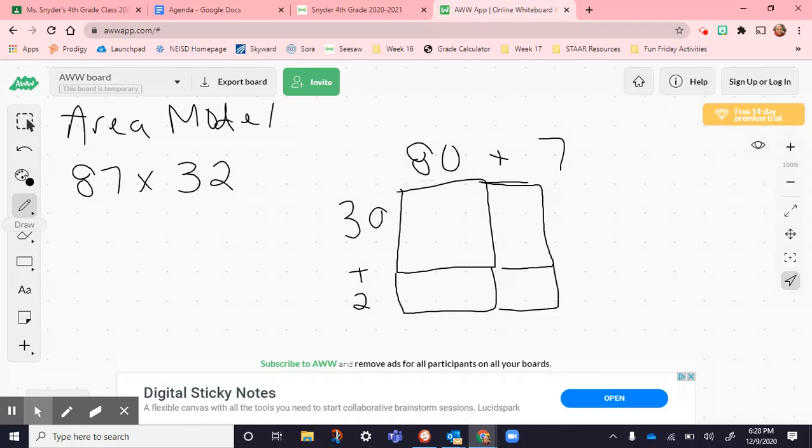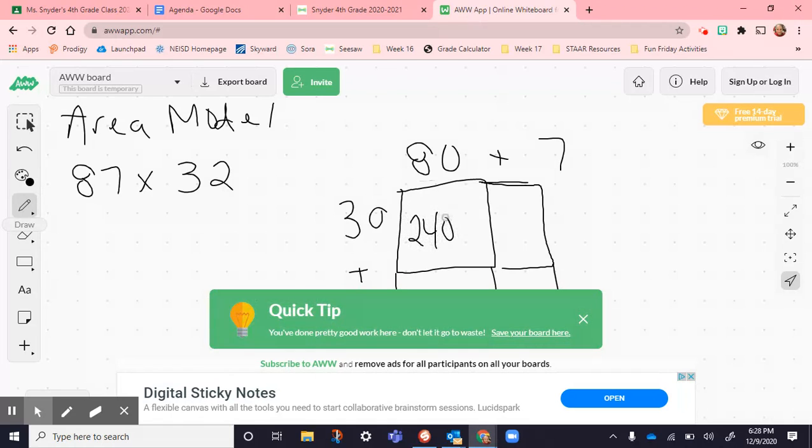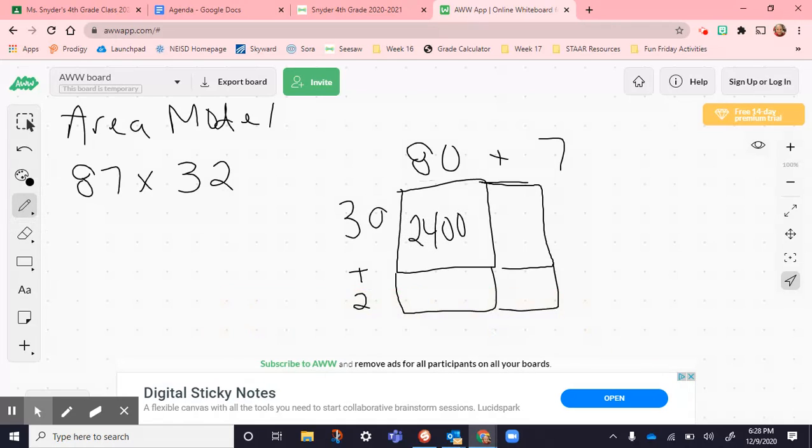So 8 times 3 is 24 with 2 zeros. So that box should be the biggest. And then this one would be 7 times 30, which is 21 with 1 zero. So this one should be a lot smaller. And then this one, 8 times 2, this is 80 times 2. So 8 times 2 is 16 with 1 zero, and 14 should be the smallest box.